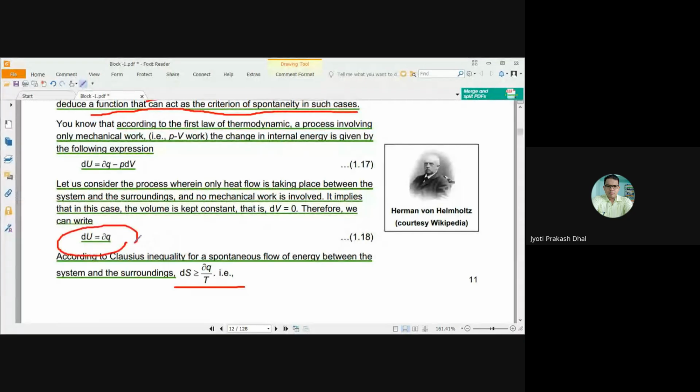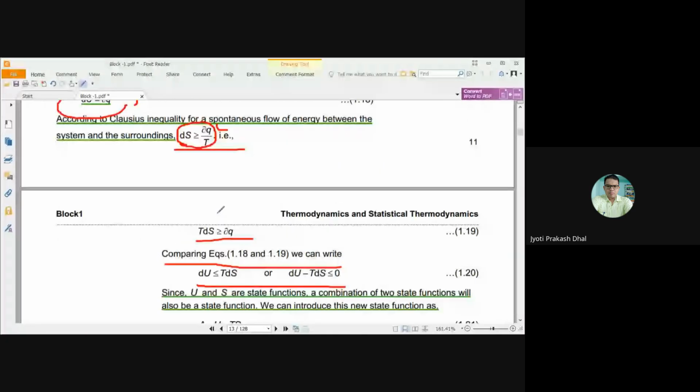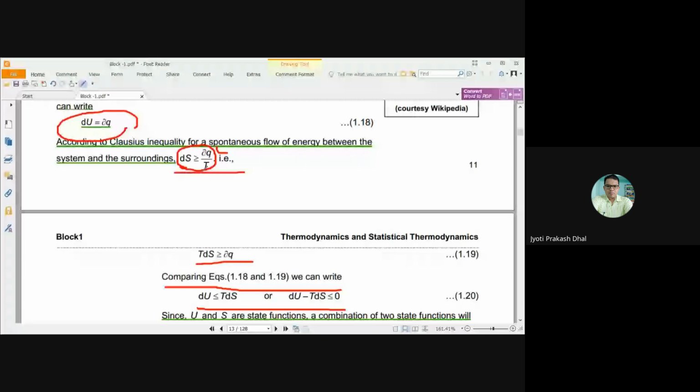So according to the Clausius inequality, this is the equation of Clausius inequality, dS is greater than or equal to dq divided by T. Now from this equation we can write TdS is greater than or equal to dq.